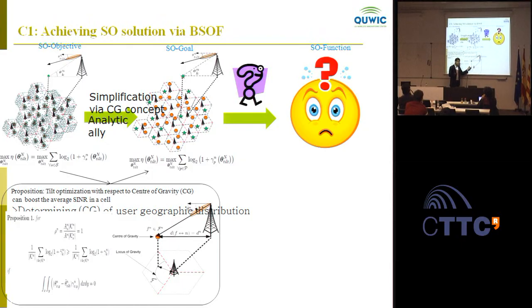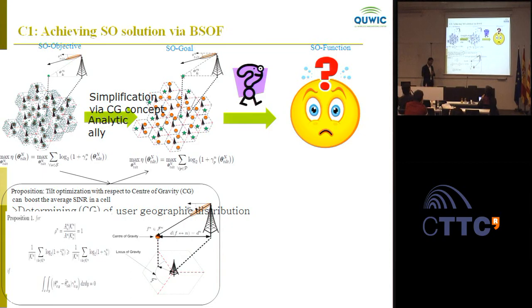So your question was, do you need user distribution information for this cell or for all the cells? You don't need that. You just need to know the SNR value these users are receiving in this particular cell, and that SNR value will incorporate the interference from other cells.